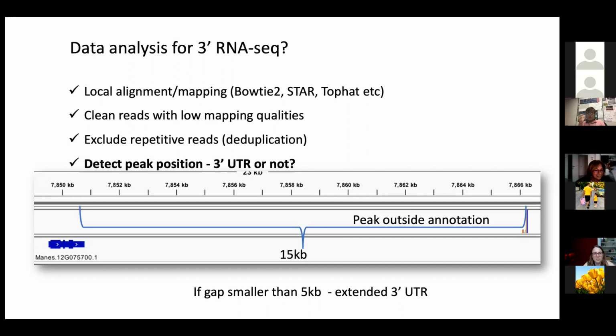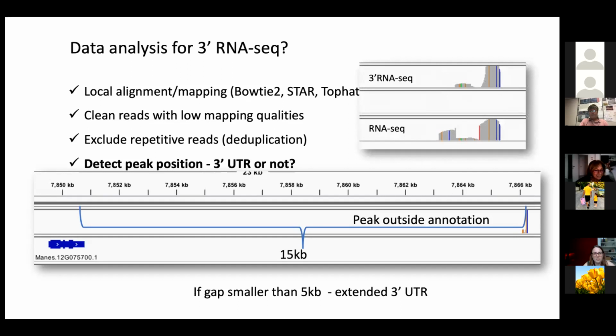Normally, the rule we apply is that if the gap is more than 5 kb, this could be an extended 3' UTR which belongs to the gene upstream. So here again, we visualize this peak. Actually, we have this peak also in the RNA-seq data set, and it could be that we have some non-coding or some small genes up there.